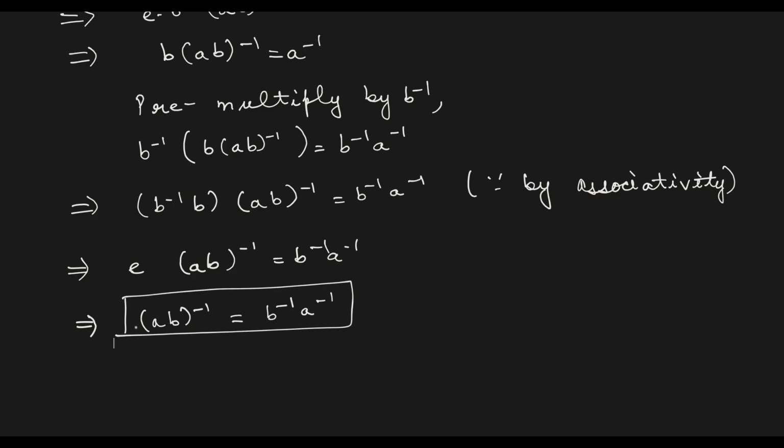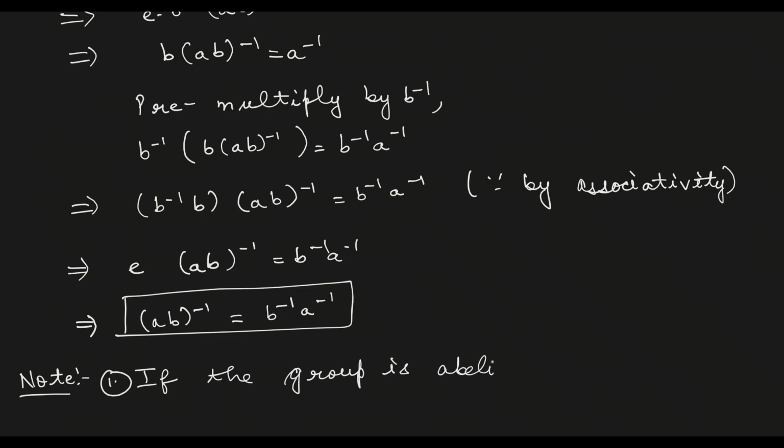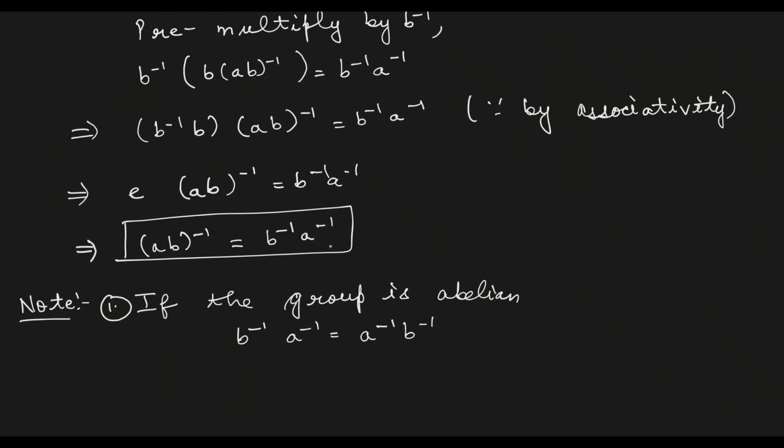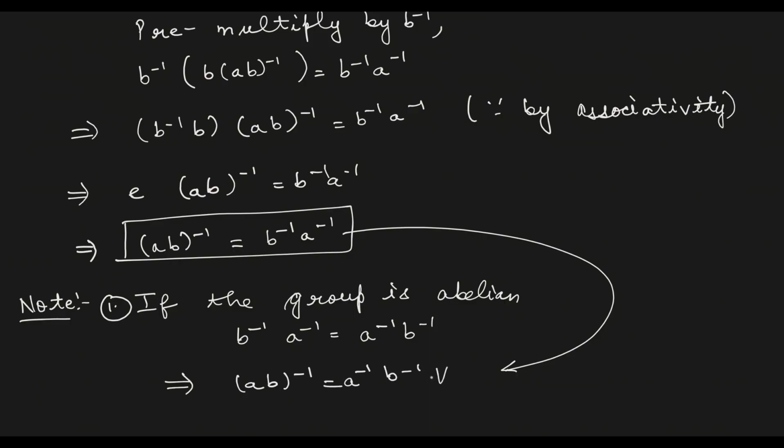Next, note: first, if the group is abelian, then ab inverse is equal to a inverse b inverse. This will be valid only when the group is abelian.